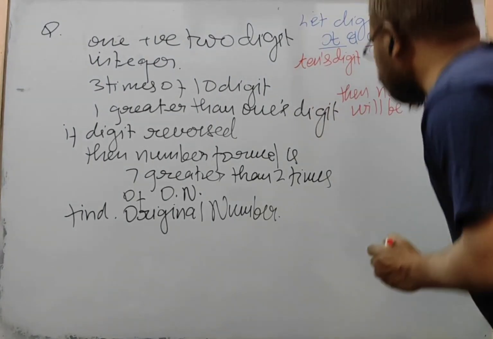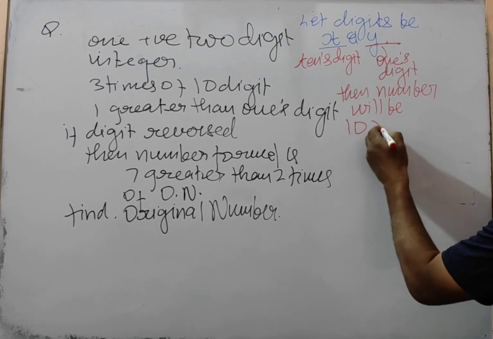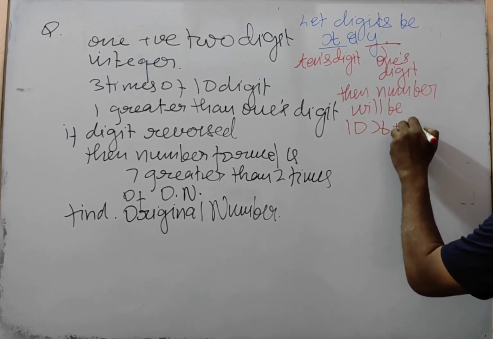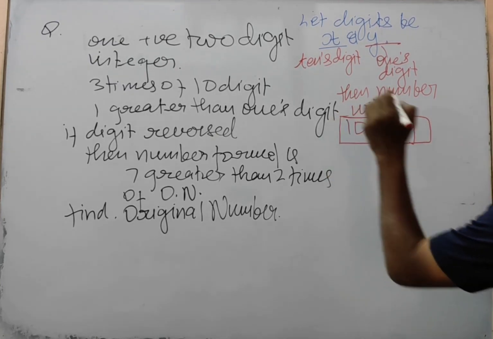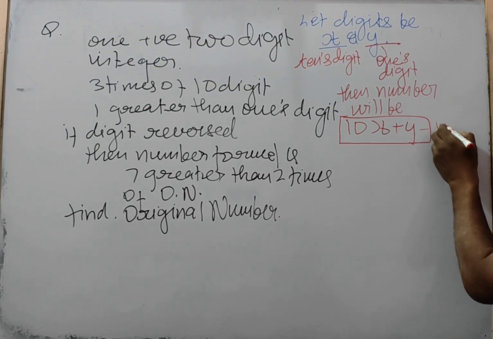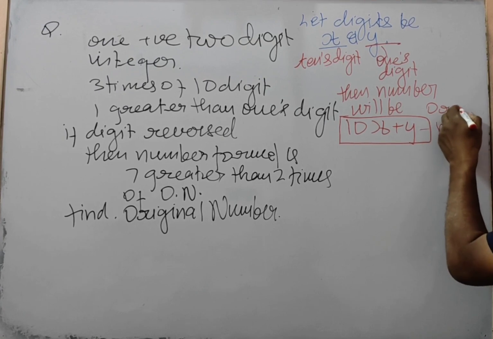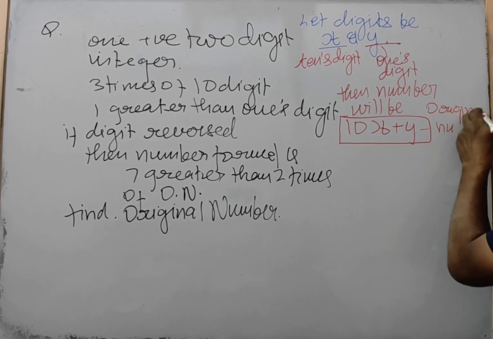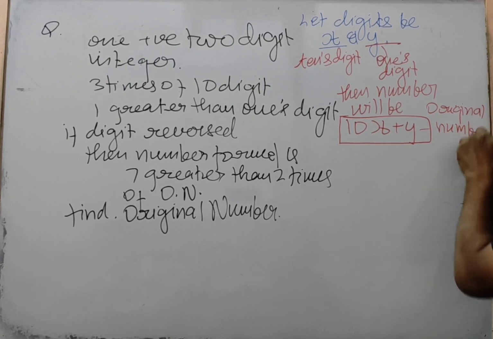Then the number will be 10x plus y. This is the number we have, the original number.